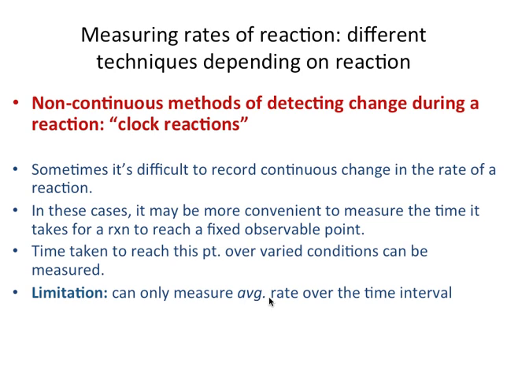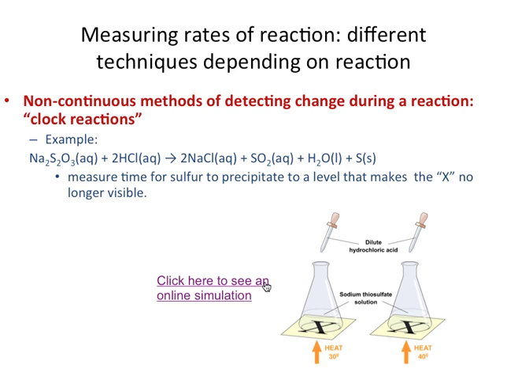This can only measure the average rate over the time interval that it takes. A typical application is one in which you produce a solid, so you're producing a precipitate. It's going to make that solution opaque over time.